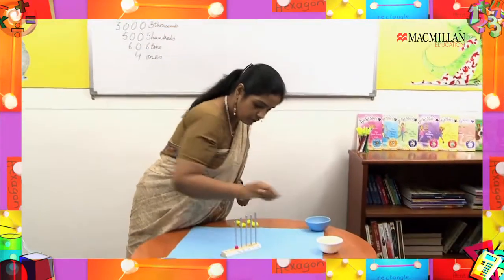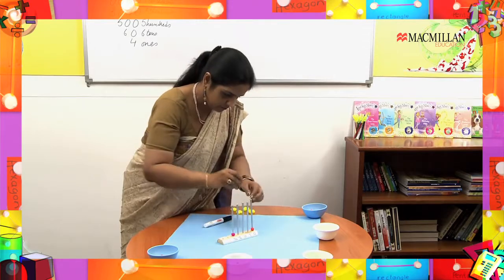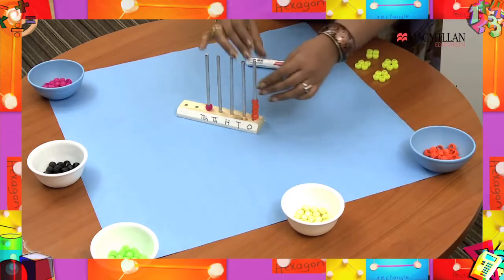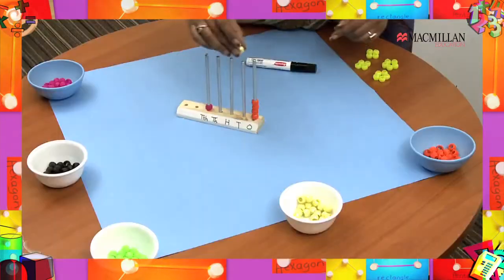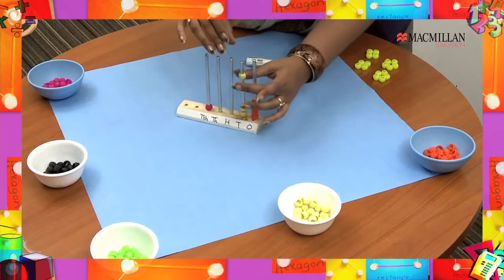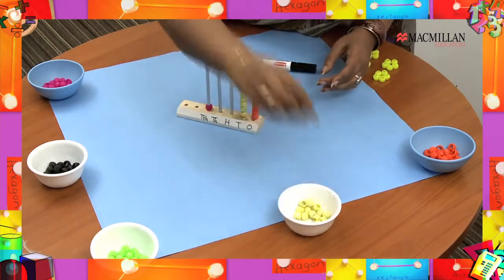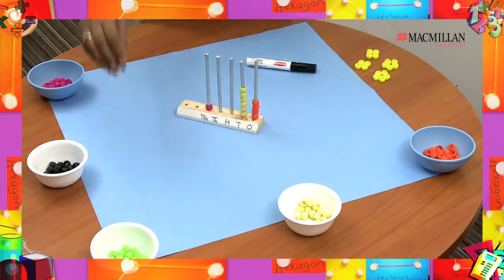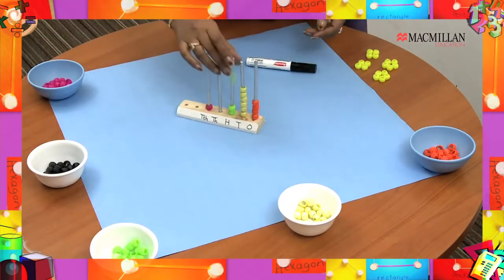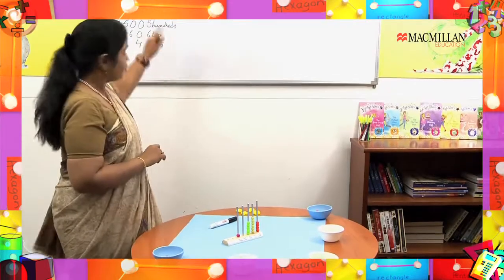So 4 ones. 6 tens. 5 hundreds. 3 thousands.